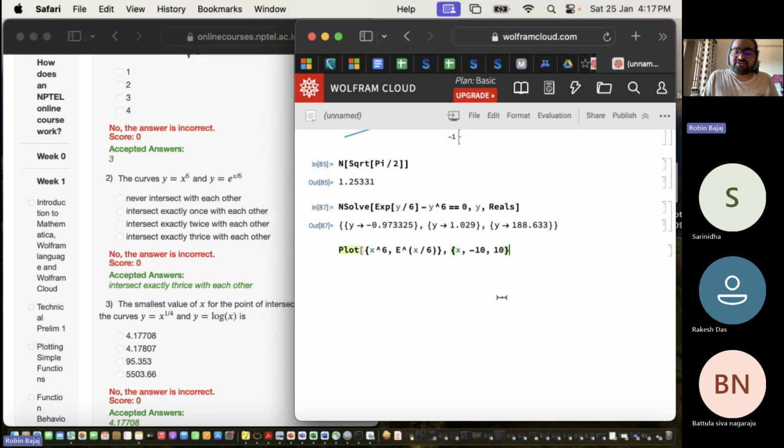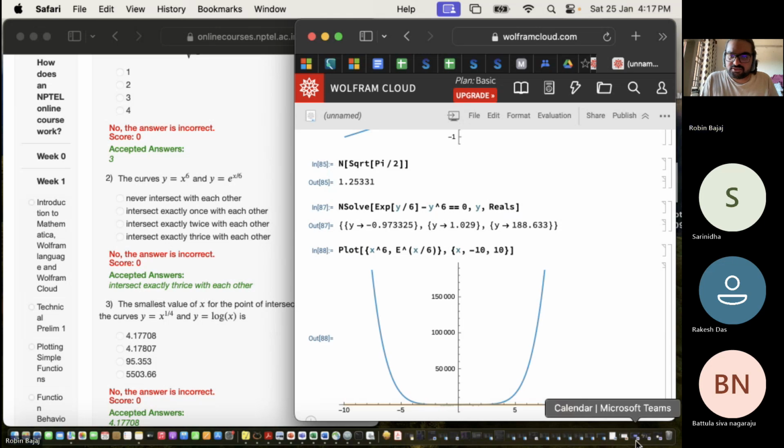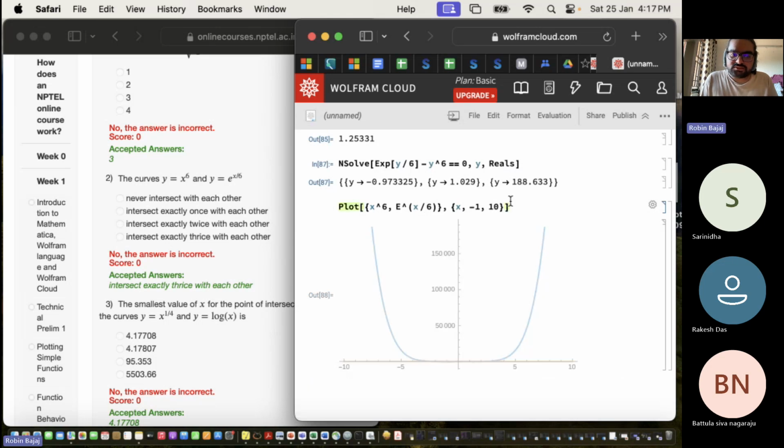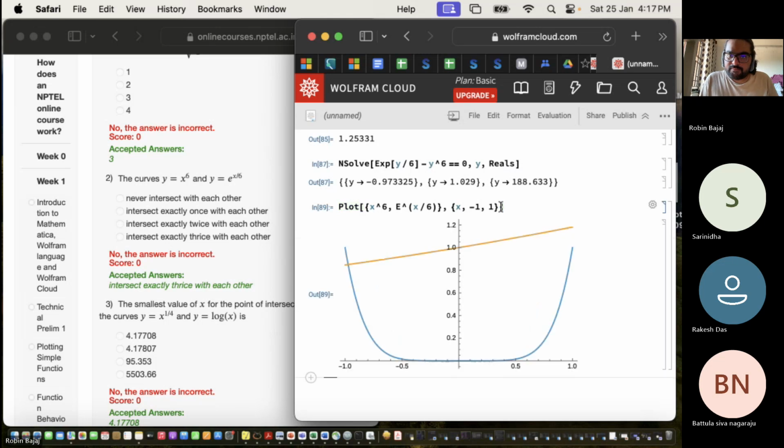Then you would have to actually make a guess of the range. So first you start with this. Okay, wow, interesting. Is something wrong? Let's do 1. Okay, it intersects at minus 0.91.